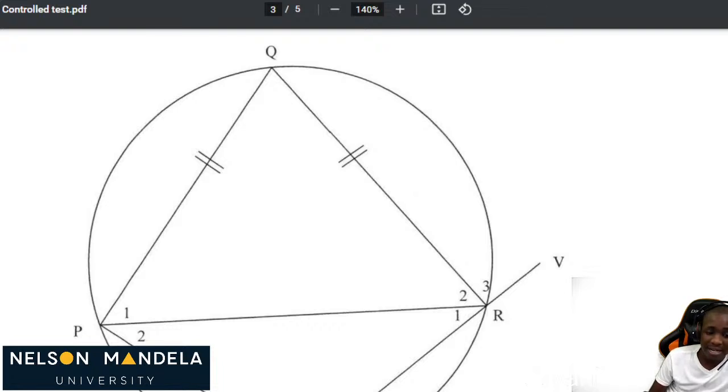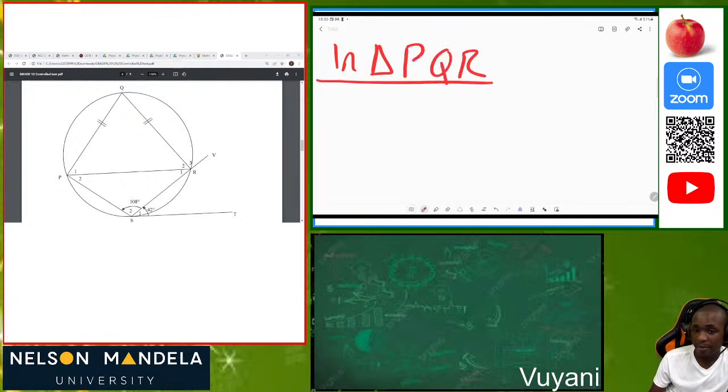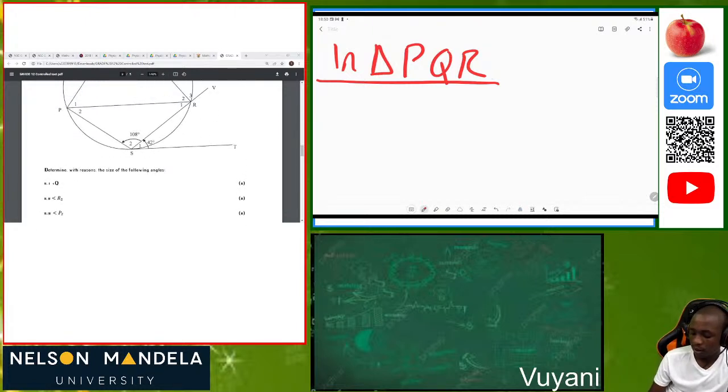So you must understand that, in triangle PQR, so that we can reference everything, we are given that PQ is equivalent to QR.